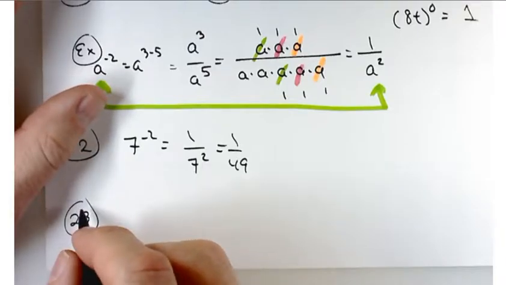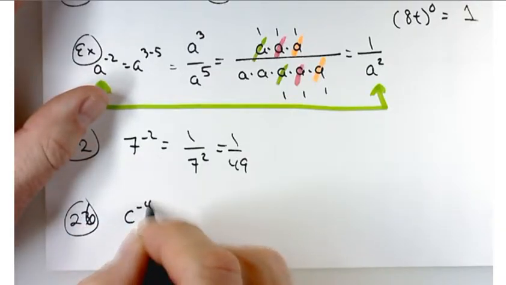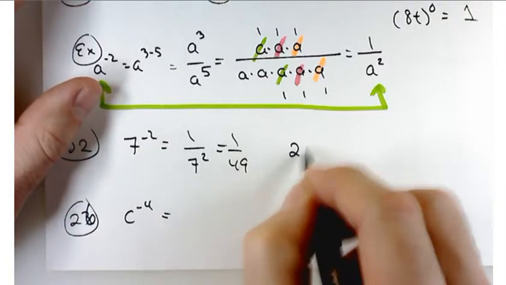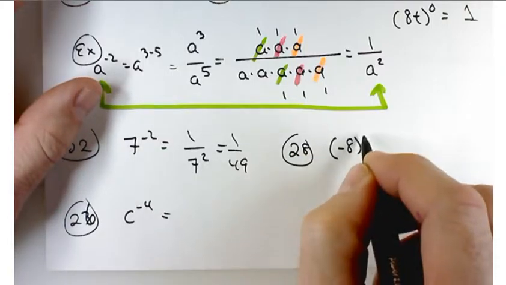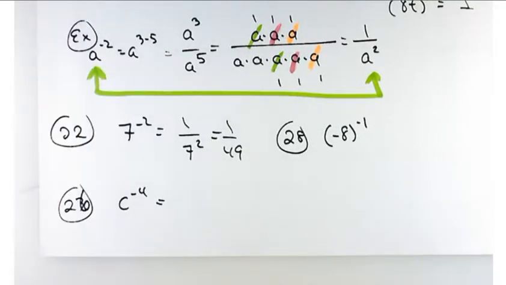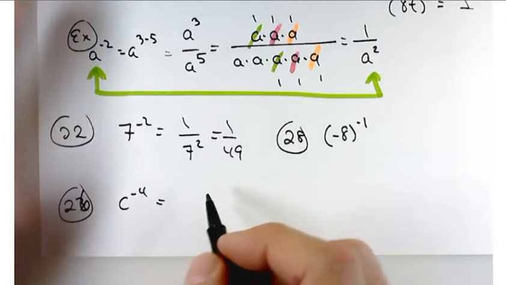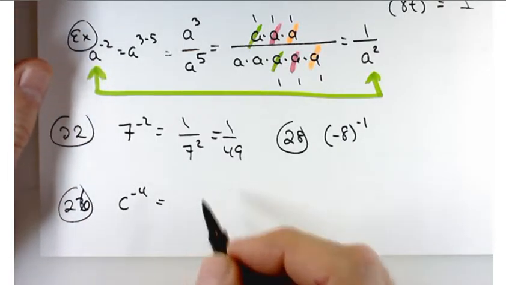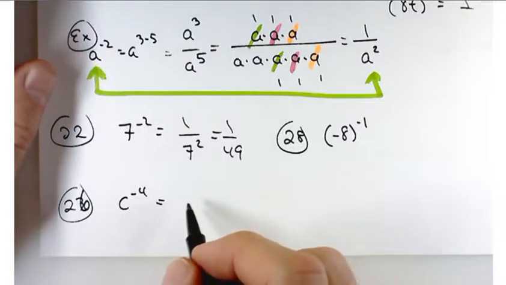Let's take a look at problem number 26, c to the negative 4, and problem number 28, negative 8 to the negative 1st power. And the goal is to write both of these with positive exponents. Carly, how about the first one?